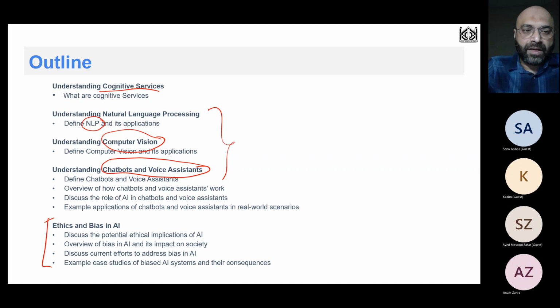And in all of these 4 or 5 areas, like cognitive services, NLP, computer vision, chatbots, I'm going to show you some demos as well. But the main demo, I'm going to keep for next week's class. That will be our last class of this course.